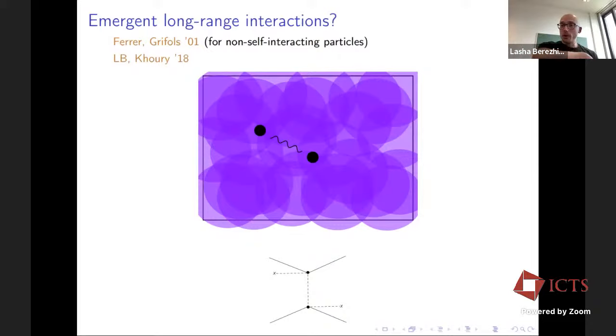And the fact that you have gas around you does not help, because statistically you may not have particles in the immediate vicinity at all times, since sometimes you may be hit by a particle and sometimes not. This can, of course, be formalized in more detail and was computed by Ferrer and Grifols for the first time, showing that if you just have a gas of particles in a non-condensed phase, you only have a Yukawa interaction.